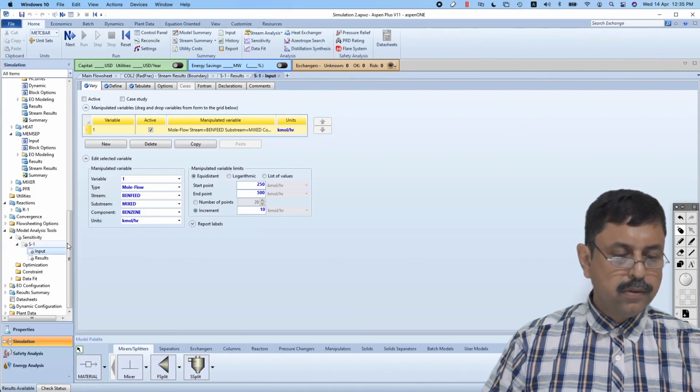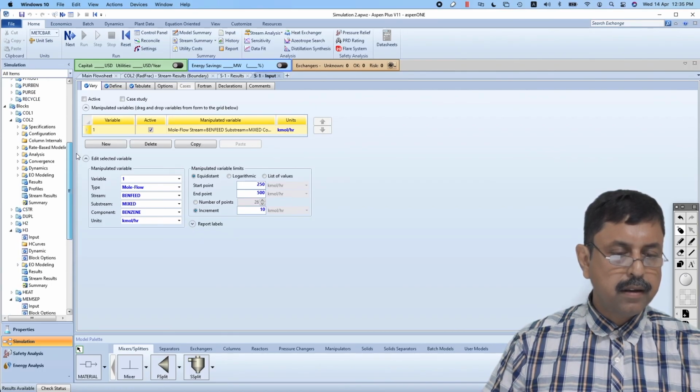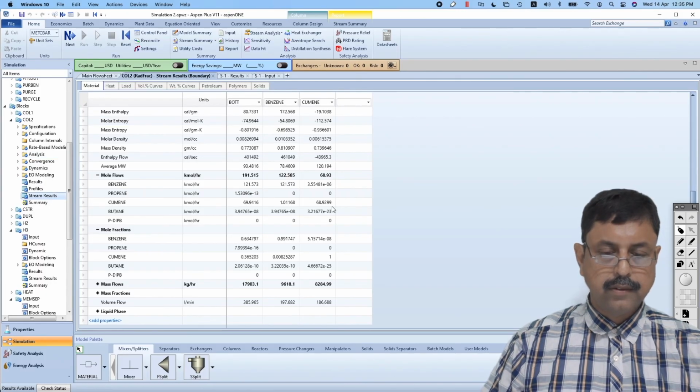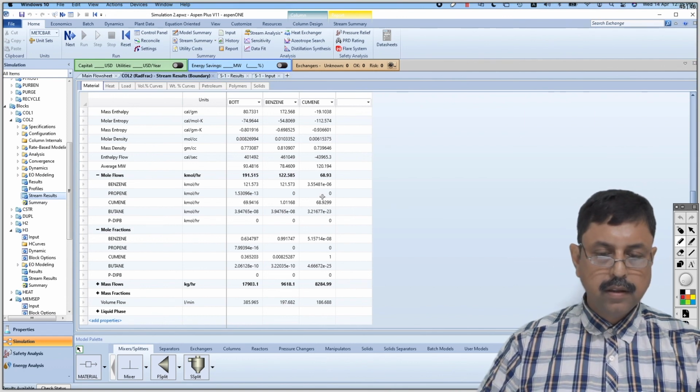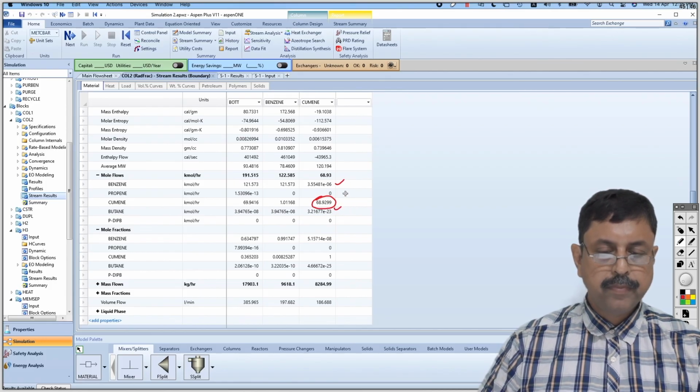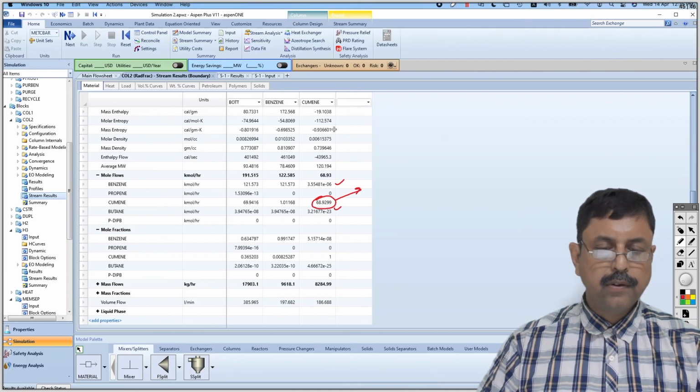When you run and check the results once again, you can check the column output. Now you have got almost entire cumene with a very small amount of benzene and almost no butane. So your cumene is absolutely pure over here.